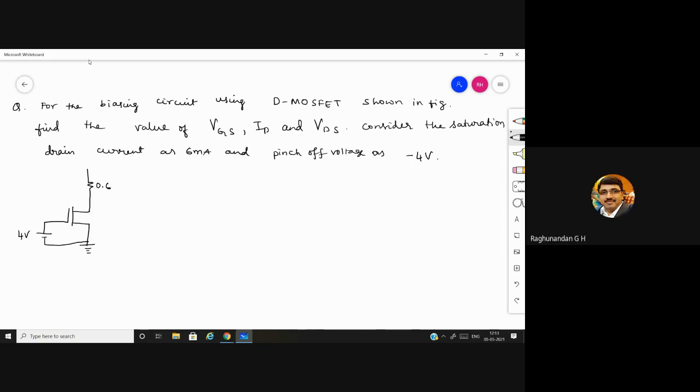Yes, correct. So it can be told in two different ways. It is the voltage after which the drain current is zero, or it is the voltage before which the drain current will be still existing. Okay, that is the pinch off voltage.